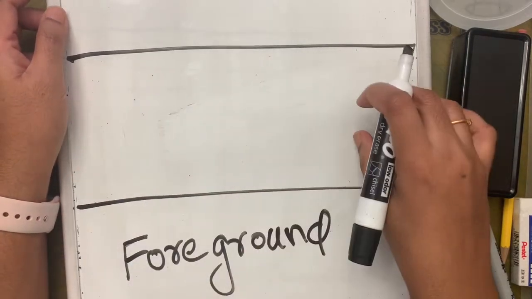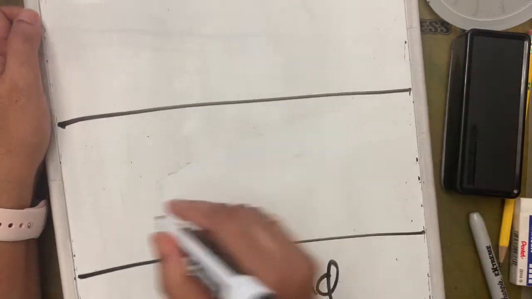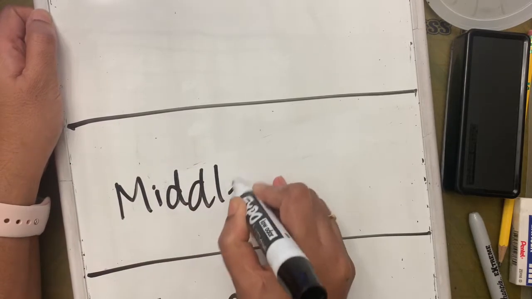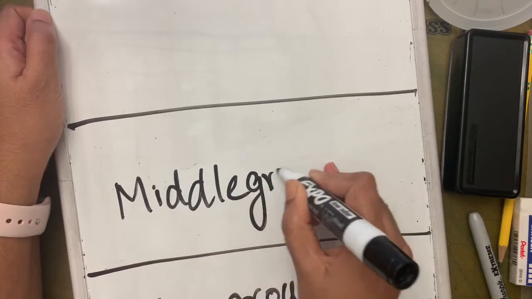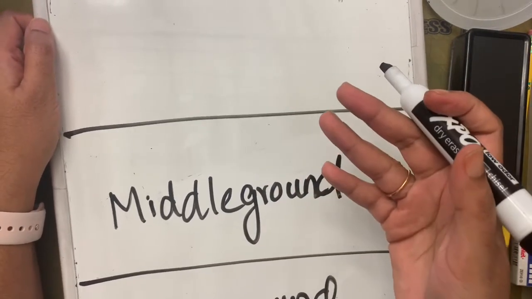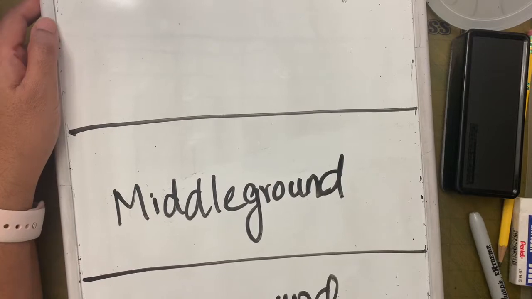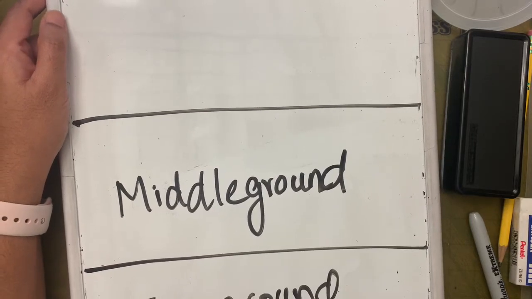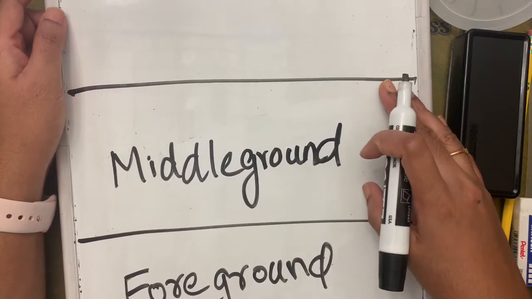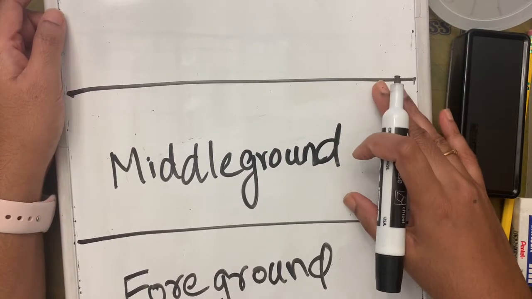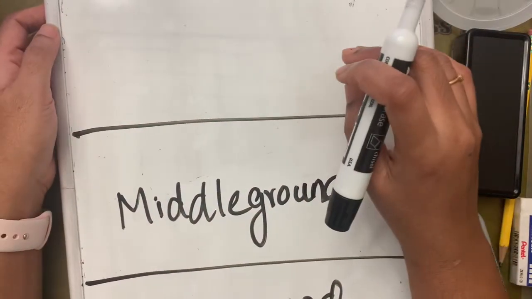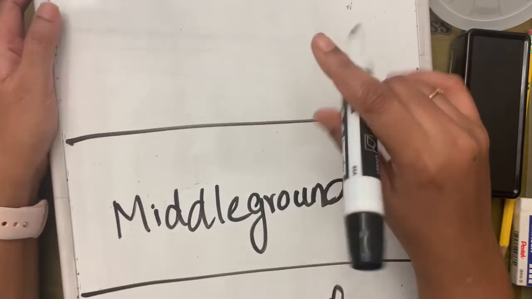The part in the middle, yes, I can hear you guys yelling, middle ground. You guys are thinking, why is Mrs. J asking us this? This is something that we learned in second grade. Yes, I know, you guys know it. So the part that is right in front of you is the foreground. The part that is in the middle of the paper is called the middle ground. And this part in the back, what is it? Background.